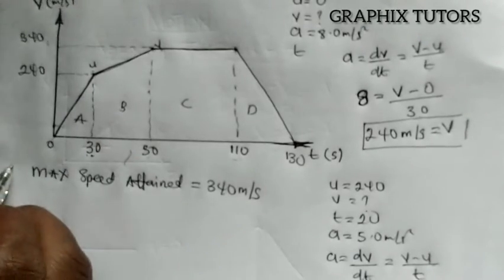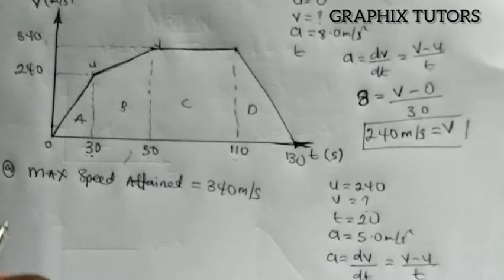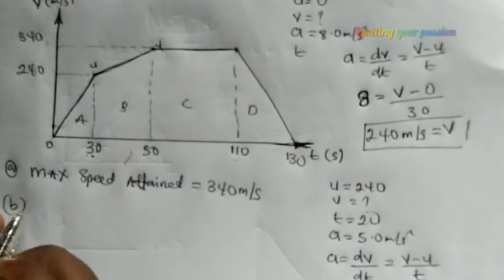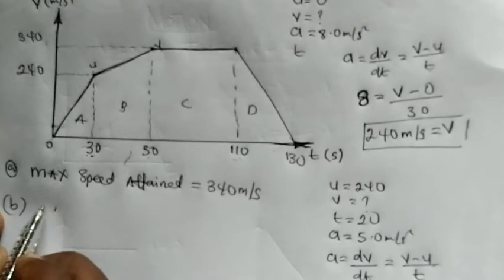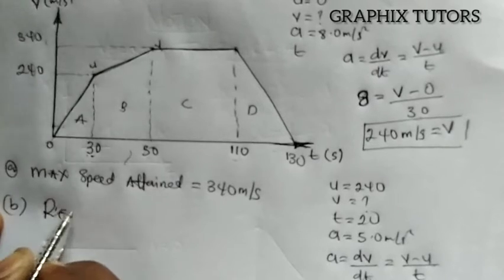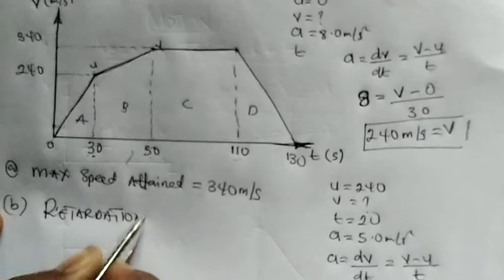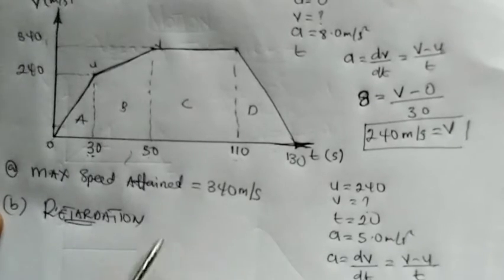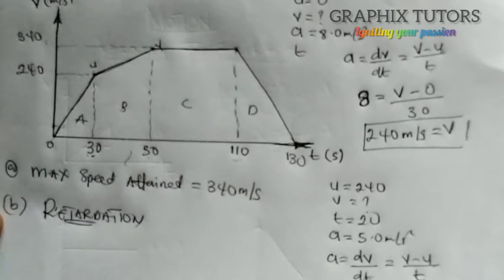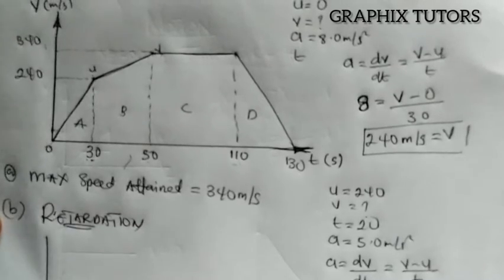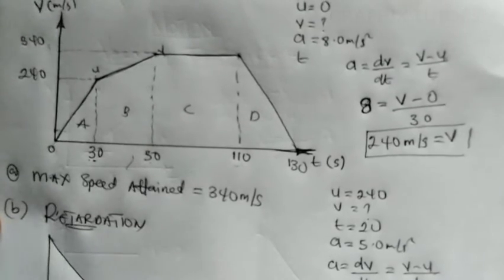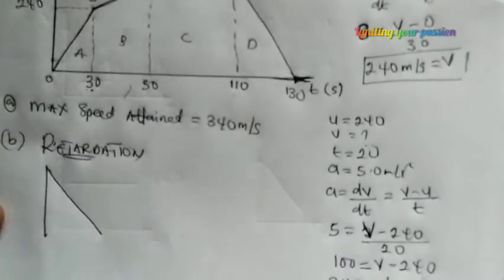So this is the question A. Then the question B, this is the retardation. Let's calculate the retardation when it's brought to rest. Now we have this way, that's like what we've been doing since morning.